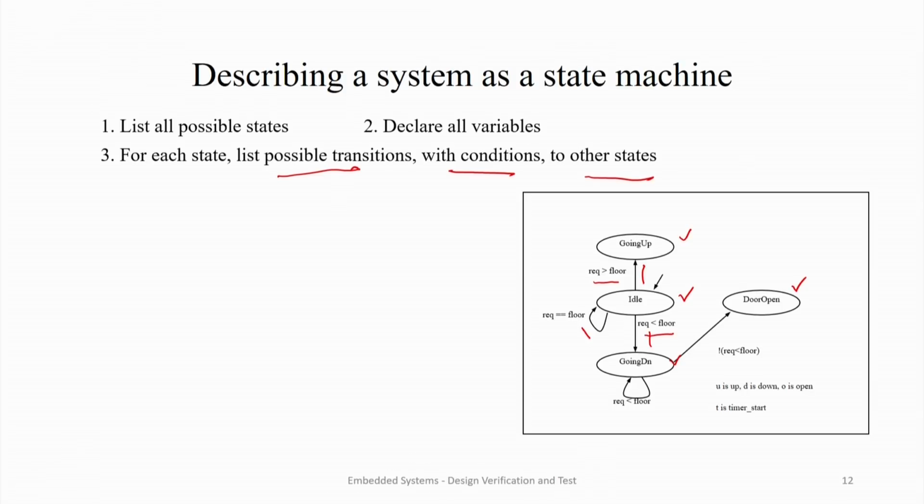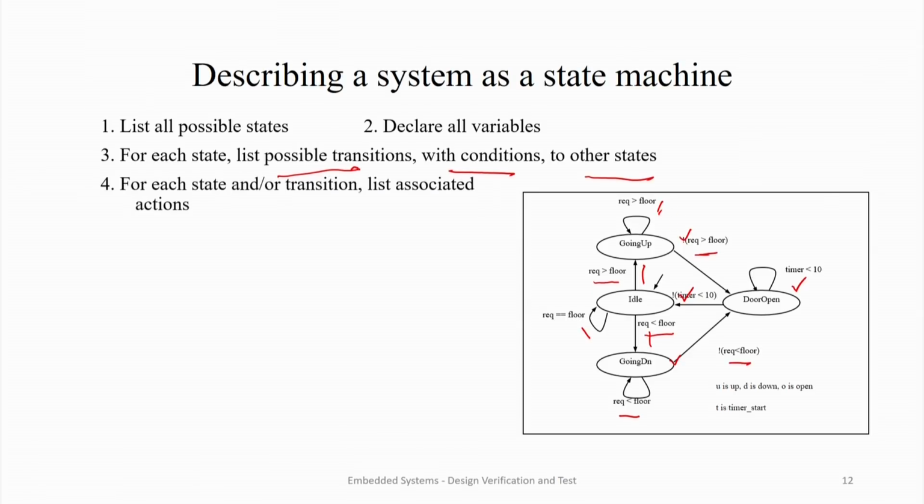Similarly for the going down state, we have these 2 transitions, and for the going up state, we have these 2 transitions again, and for the door open state we have a further 2 transitions. So, we have drawn all the transitions separately for all the states with conditions.